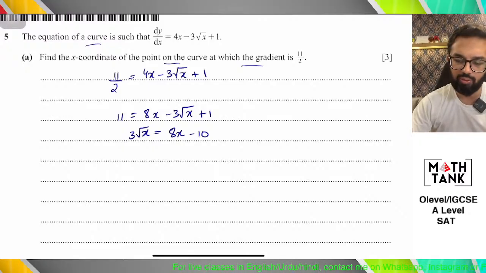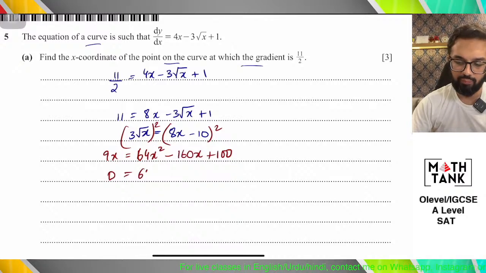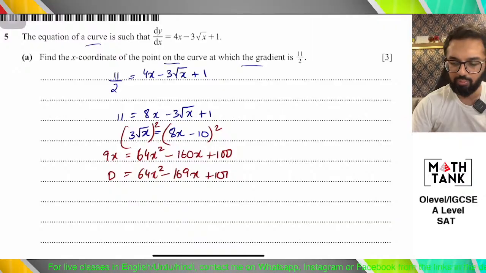What I'm going to do is square both sides and say that 9x equals to 64x squared minus 8 into 10 is 80 and into 2 is 160 plus 100. So 64x squared minus 169x plus 100.